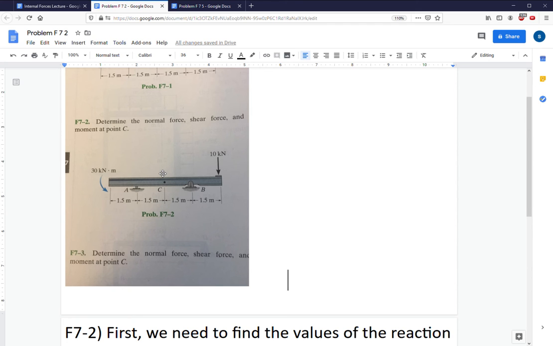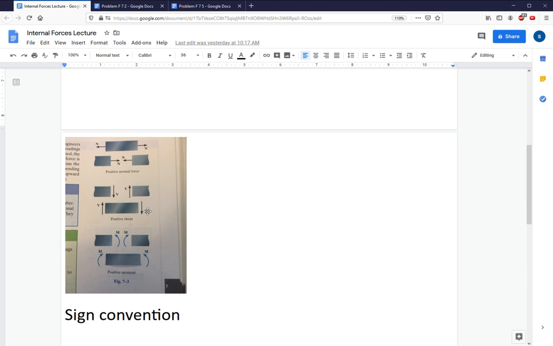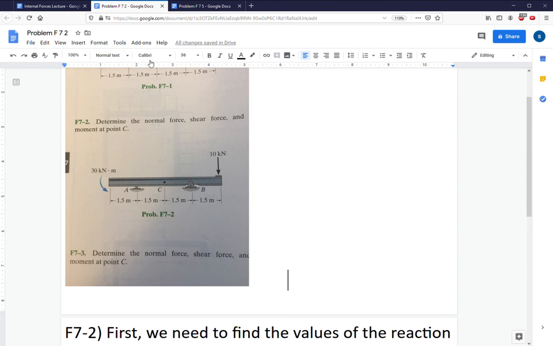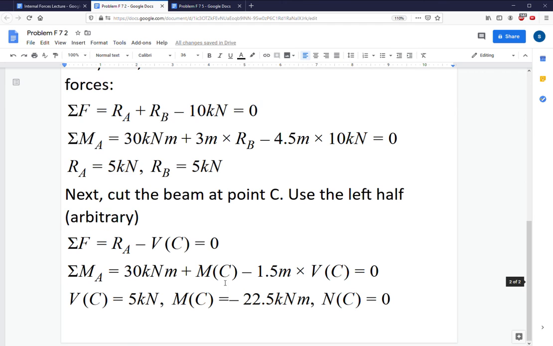Even though it's shear, not necessarily moment, it is still a force applied away from our center of rotation. So again, by convention, positive shear is downward, and that will create a clockwise rotation, which our sign convention says is negative. So negative 1.5 meters times the shear at C. I did that here.